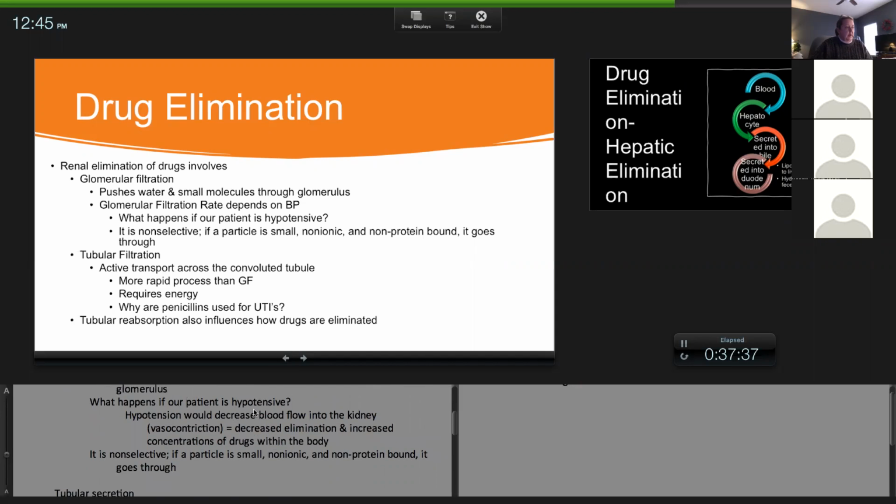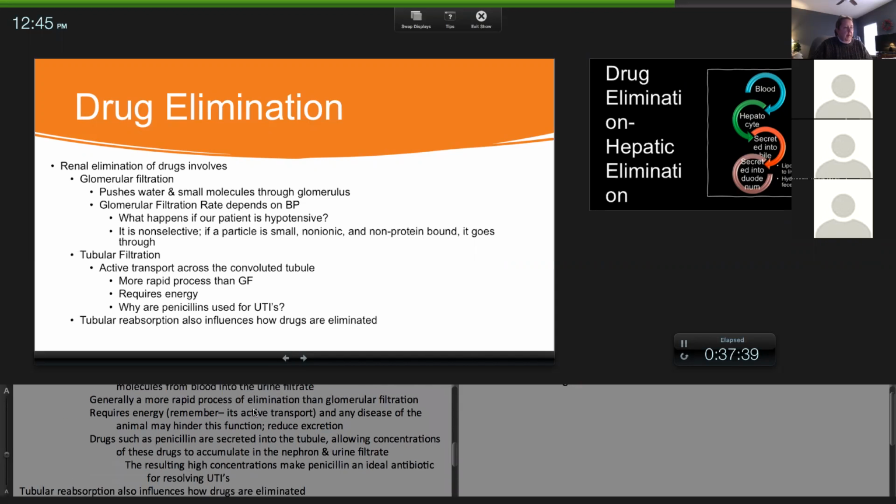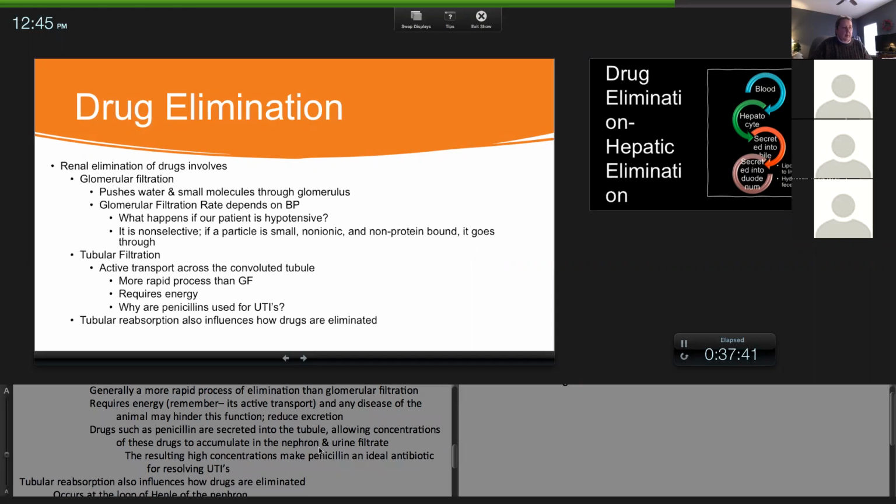So the note down here about penicillin is that drugs can accumulate in the nephron and filtrate, and then you have a high concentration in the kidney, which is going to the bladder. You have a higher concentration to treat that UTI. So that's just an example of how you can use that system.